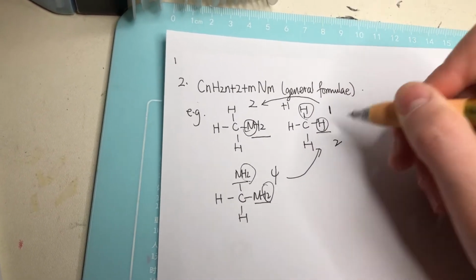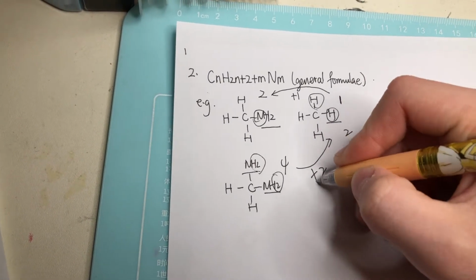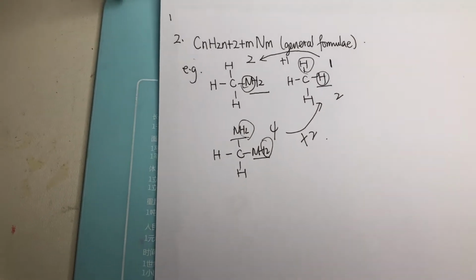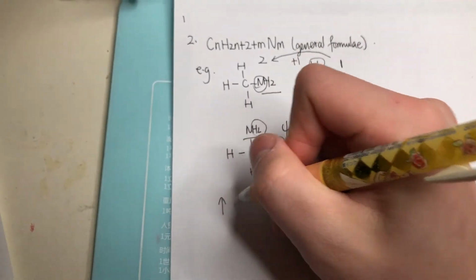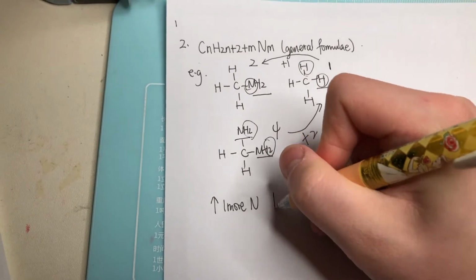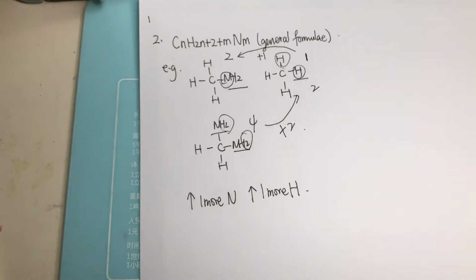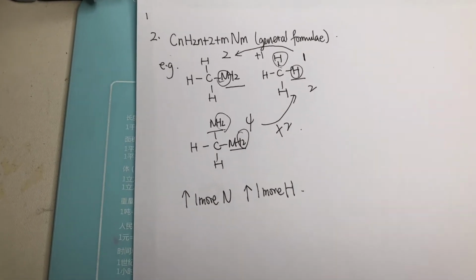So 4 minus 2 is 2. We can see as we add one more nitrogen, then we have to have one more hydrogen in order to be saturated.